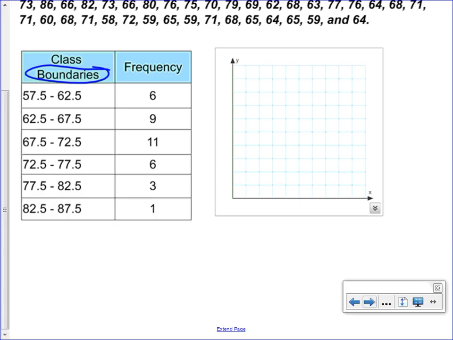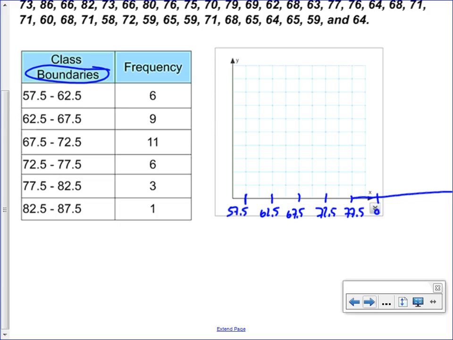Alright? So, to graph this thing, you just start at some point. Over here would be like 57.5 to 62.5. And 62.5 to 67.5, 67.5 to 72.5, and 77.5, and extend this a little bit.